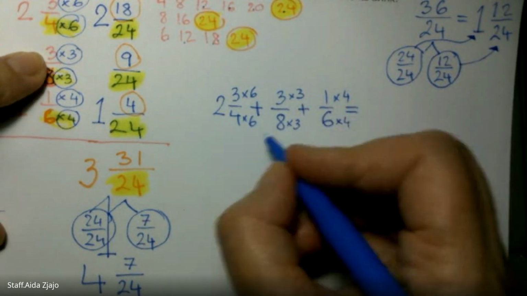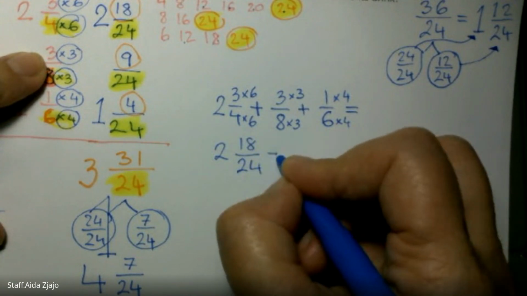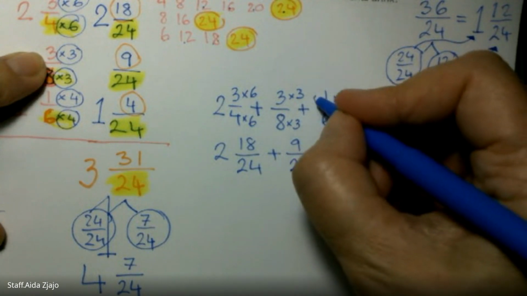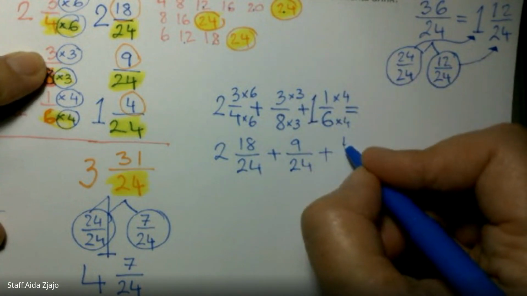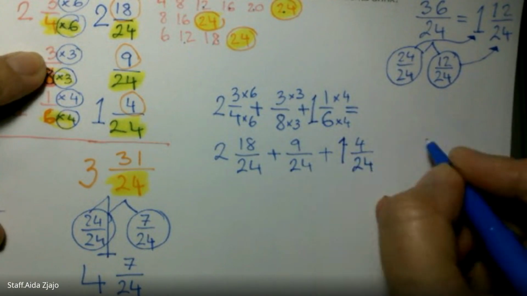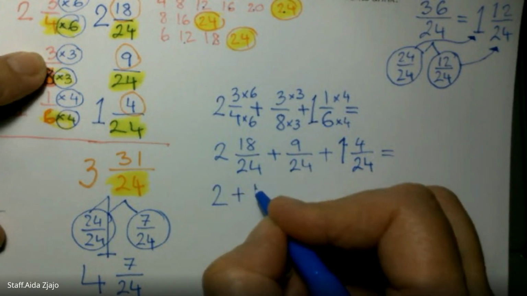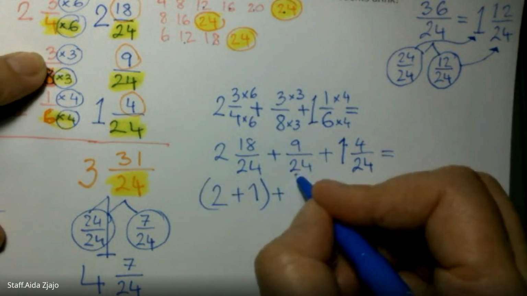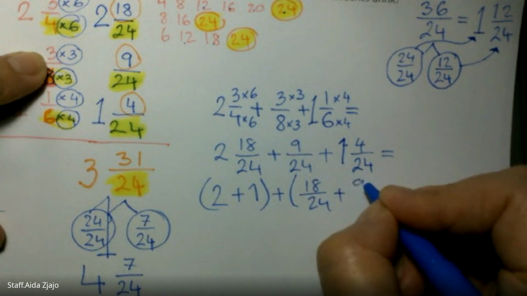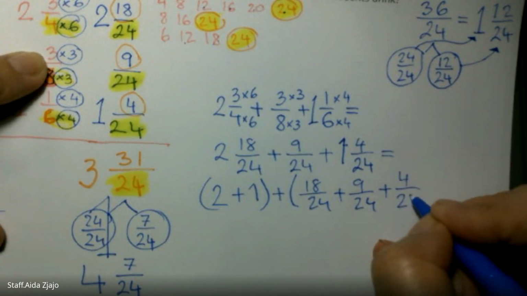So I will get here 2 and 18 24ths plus 9 24ths plus 1 whole and 4 24ths. So if I add 2 plus 1, and I add 18/24 plus 9/24 plus 4/24.